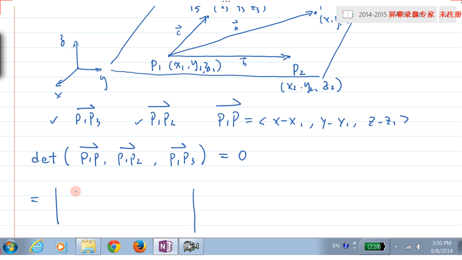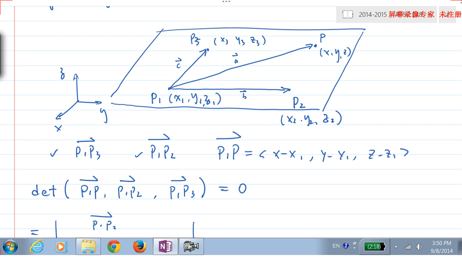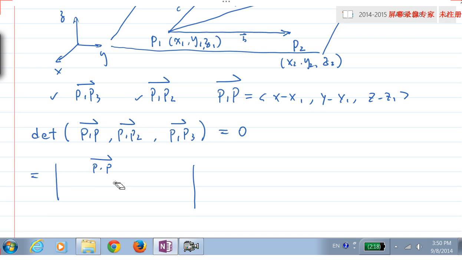The first row here is P1P, right? What's the first row? It's x minus x1, y minus y1, z minus z1. That makes sense?